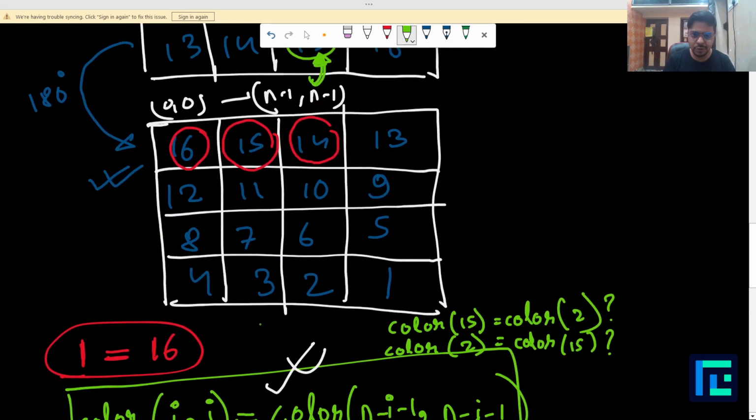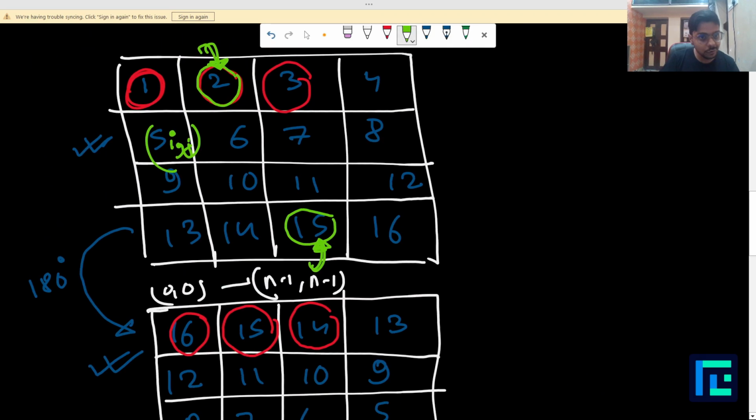Why am I telling count by 2? This is because the count will be incremented for this 2 as well, and the count will be incremented for this 15 as well. Now, since they both form a pair, we only need one operation to make the color of cell 2 and cell 15 exactly equal.